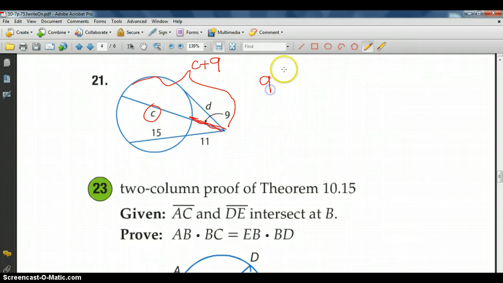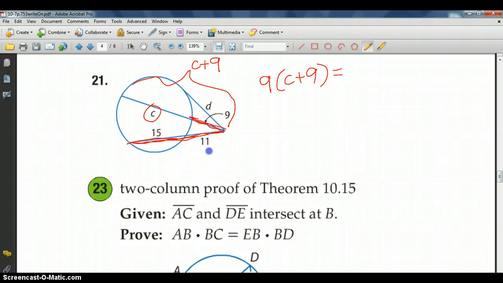So we want to take the outer part times the entire secant length, and then set that equal to, well, we can't set it equal to the tangent squared here, or else we would have two variables in the equation. So we want to set it equal to the product of this other secant's parts.